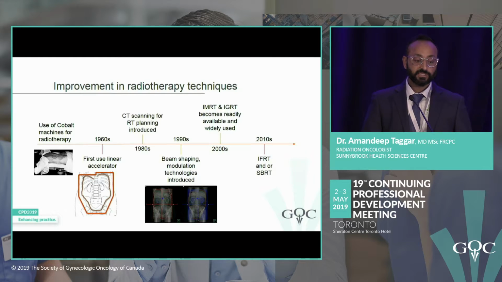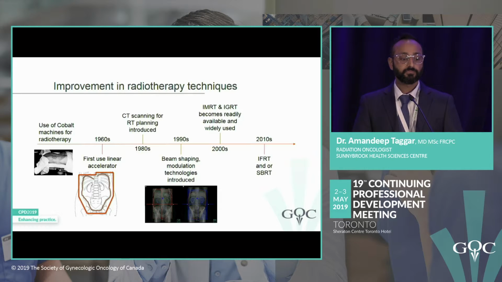And by the 2000s, we started to incorporate higher level technologies called intensity modulation, where we can not just avoid the target structure, we can change the intensity of the radiotherapy beam going through these organs. So that really gave us some hope that we can start to incorporate radiation back into the paradigm of ovarian cancer.